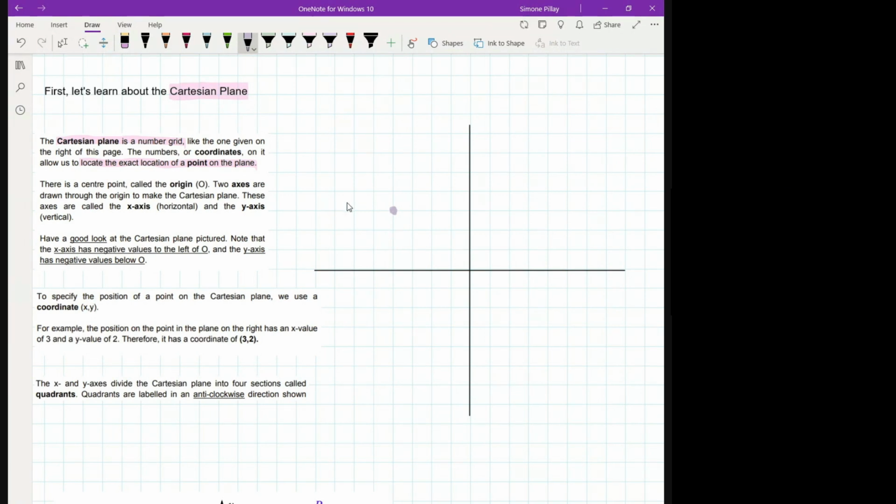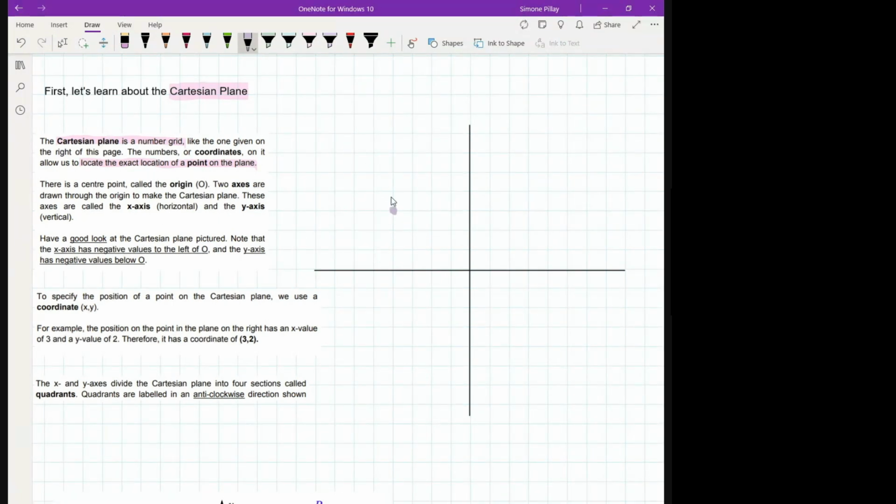Just like in geography, where you have your maps with your coordinate grid and you have coordinates, it's the very same thing in maths, where we have coordinates that are going to tell us the exact position of this point on our plane.